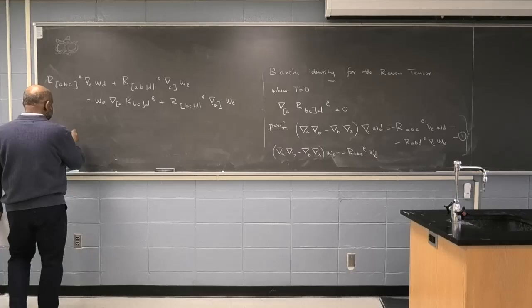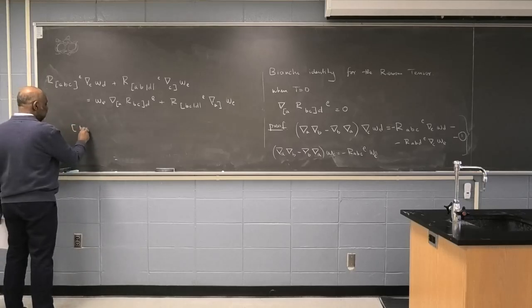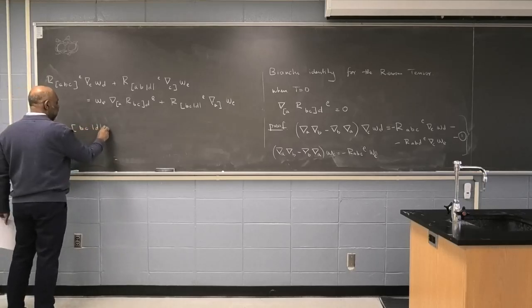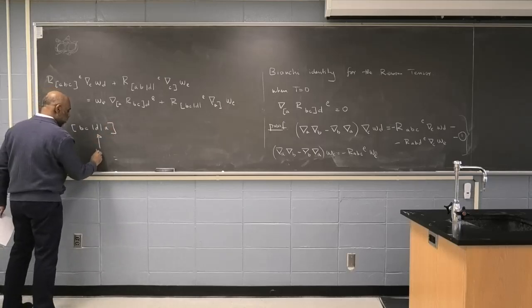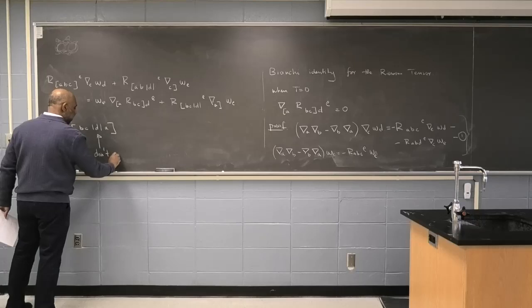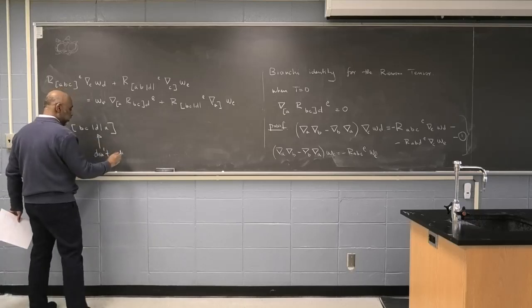So whenever you see B, C, D, A, don't anti-symmetrize. Just leave it there.